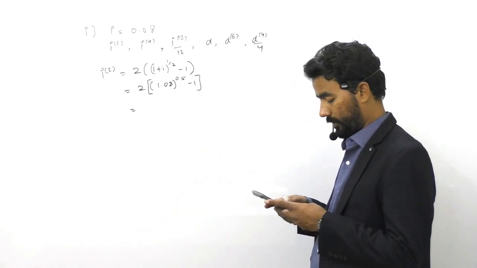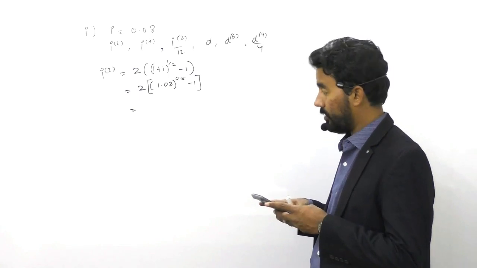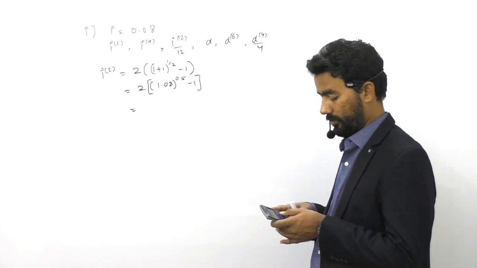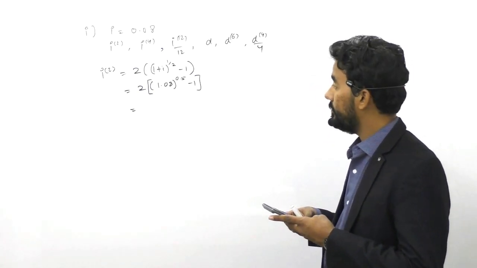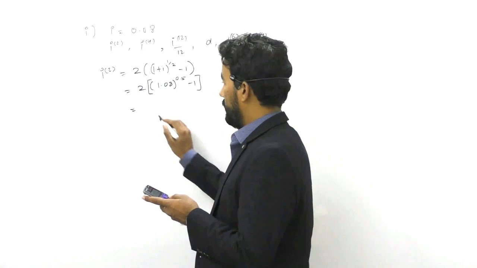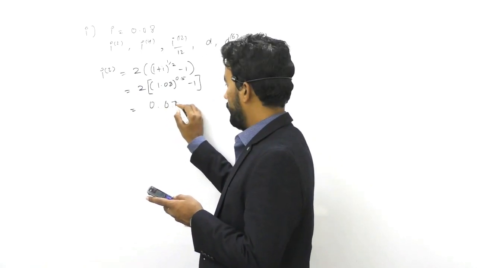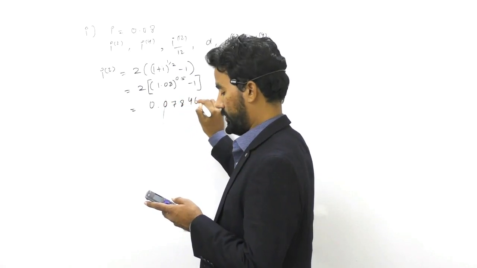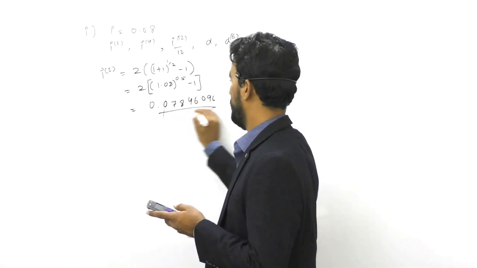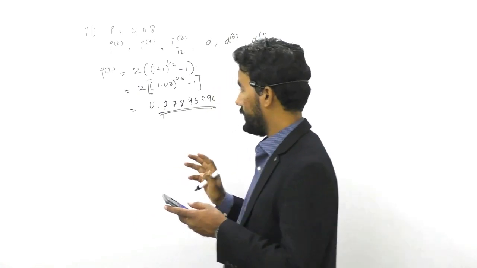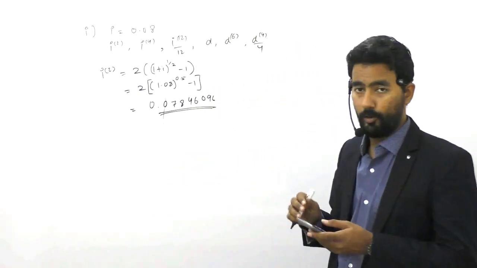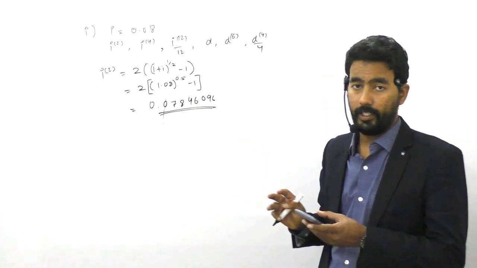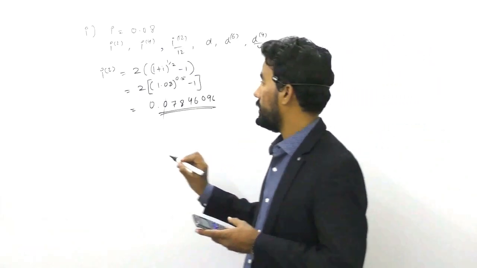Do not forget to put brackets wherever they are necessary, otherwise your answers will go wrong. So the answer is 0.07846096. I did not do any step-by-step calculation. I just wrote the whole thing in the calculator once and I got my answer. You should do this to avoid any kind of rounding errors.